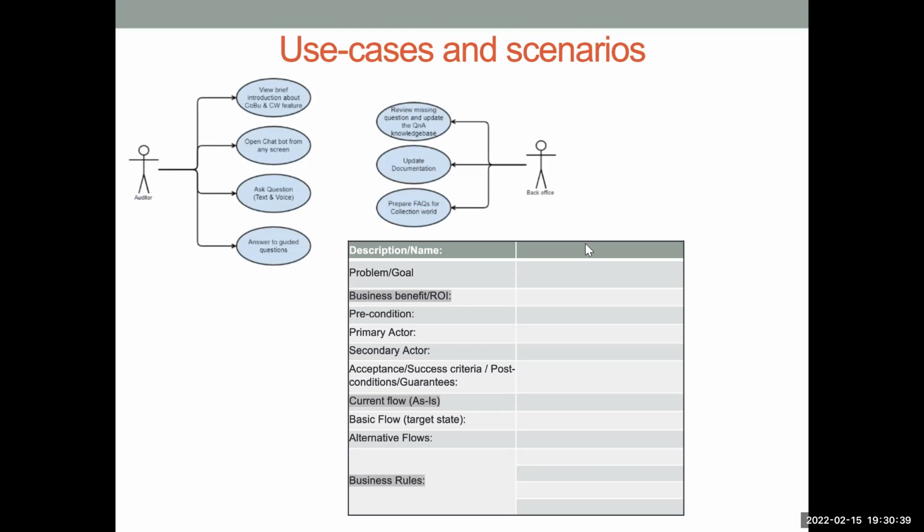So the description: the name, whether in the verb form like open chatbot, or whatever it is. Then goal, as it's set in the BABOK, sometimes with problems, so it depends on what is being solved. And then additional stuff which we would put is the business benefit and/or ROI, right?